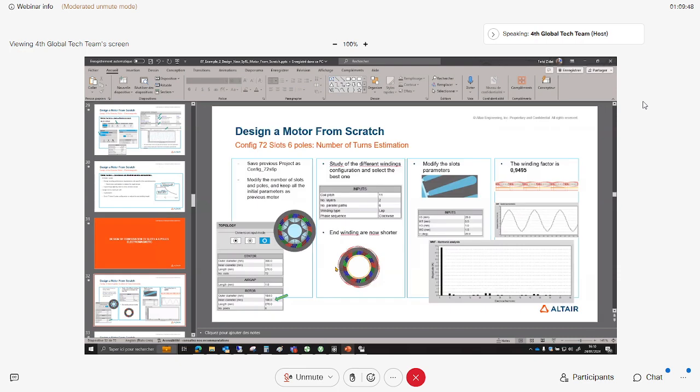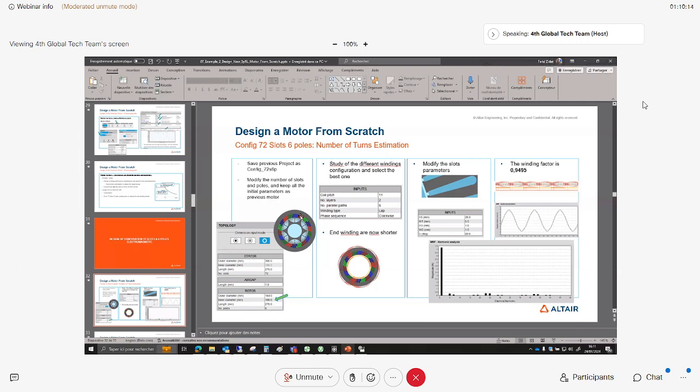If we change the number of poles, then we have to have a look again. We have to make some ping pong in order to find the right shape of the rotor. Keep in mind that this insulation factor should be close to 0.6. So you have to make this work.